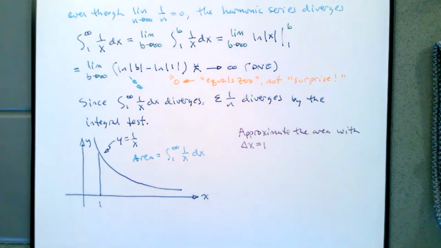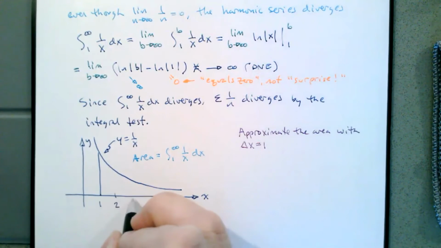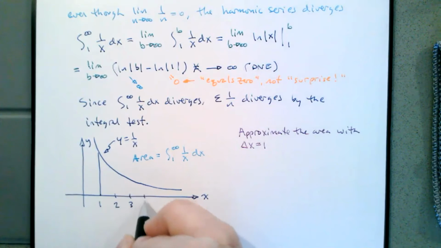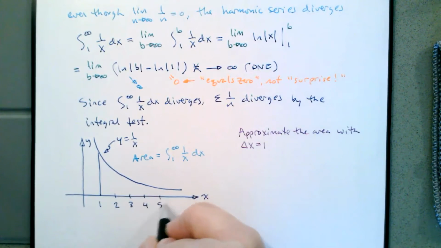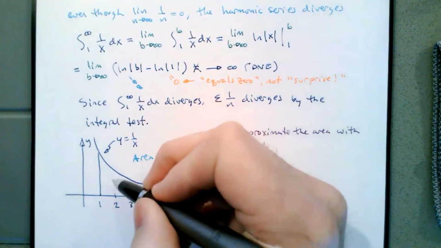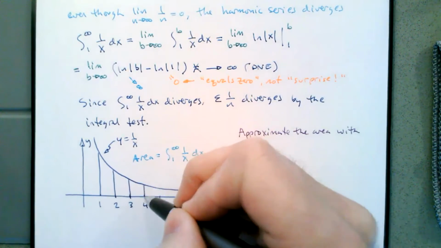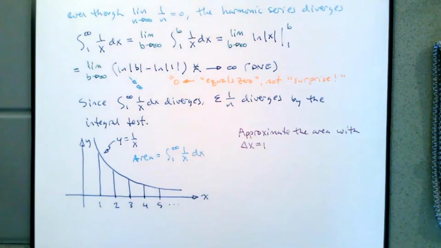So what we're going to do is evaluate at 1, 2, 3, 4, 5, and so on, and we're going to do this forever.